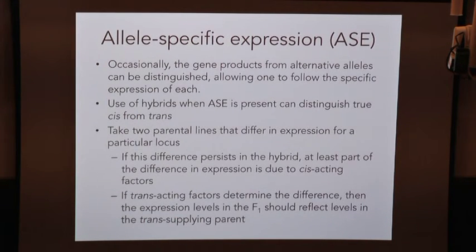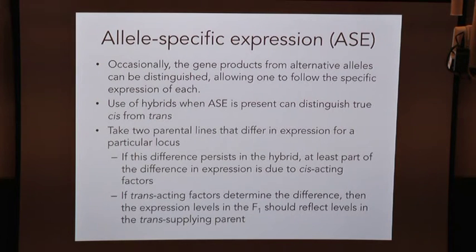And how you can do that is, suppose I've got parental lines. Suppose the white allele in the white parental line is upregulated, and some other black allele in the black line is downregulated. I make the hybrid. I can look at the regulation of the white allele and the regulation of the black allele.